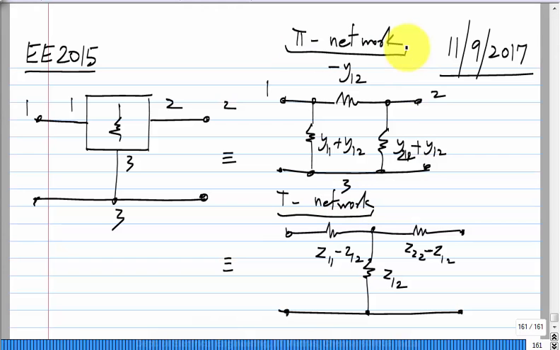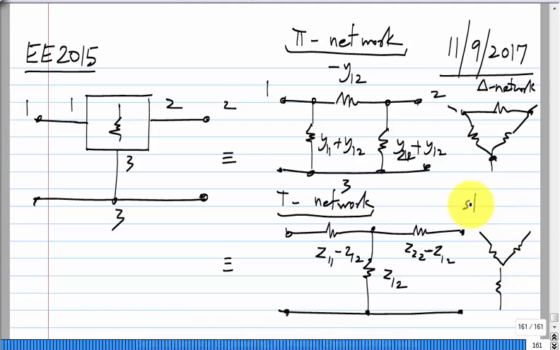And sometimes, in a different context, this is also drawn like this, a triangle, and it is known as a delta network, and this can be written in an angle, and this is known as a star network.